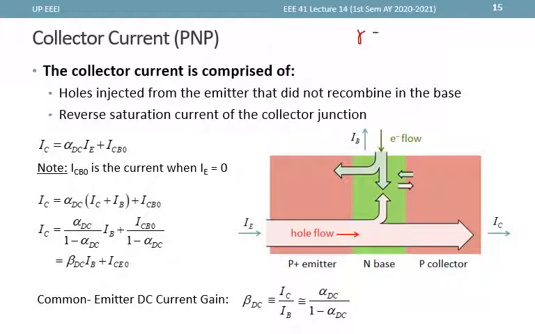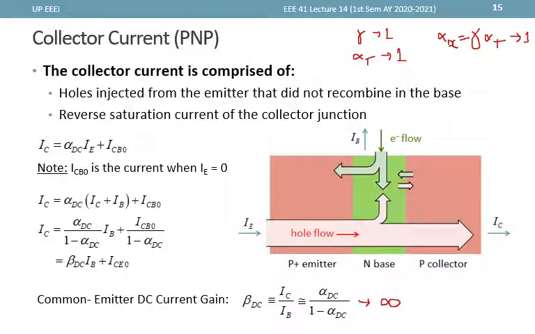So given that we know that the ideal value for gamma is 1 and alpha T is 1, we also know that alpha DC is equal to gamma alpha T, and therefore ideally alpha DC must be equal to 1, and therefore this beta DC right here is approximately 1 over 1 minus 1, and therefore the ideal case for beta DC is infinity. And what does this tell us?